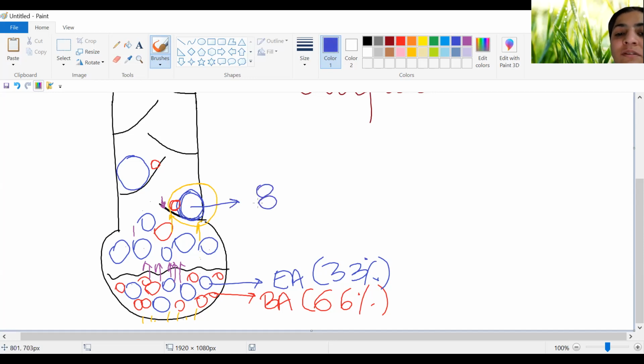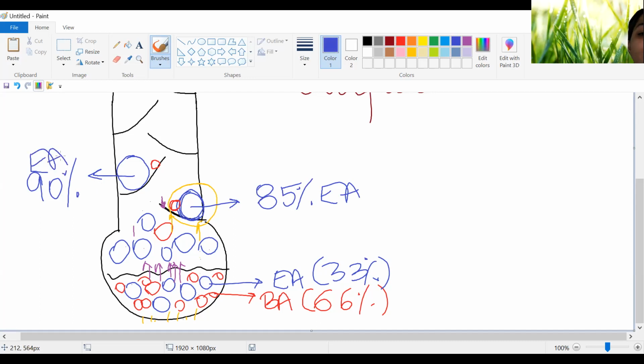Let's say at the first fraction, if we have collected 85% ethyl acetate, now there is a big probability that we have collected 90% ethyl acetate from this portion. So from this liquid, when this evaporated and cooled at this area, you got more ethyl acetate. So now in this particular collection, you have 90% ethyl acetate and only 10% butyl acetate.